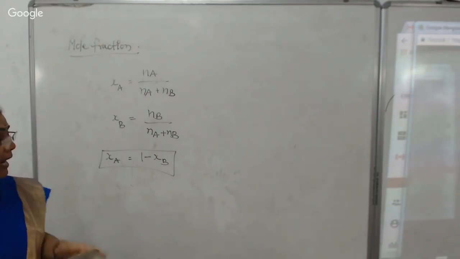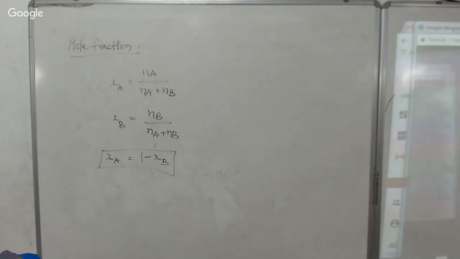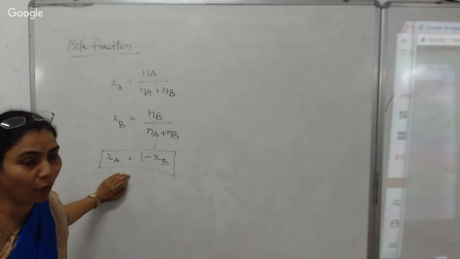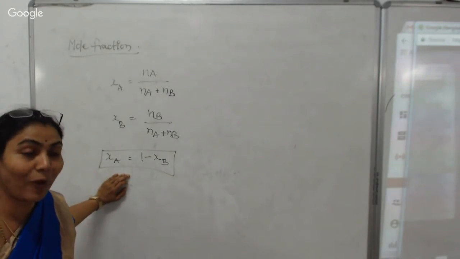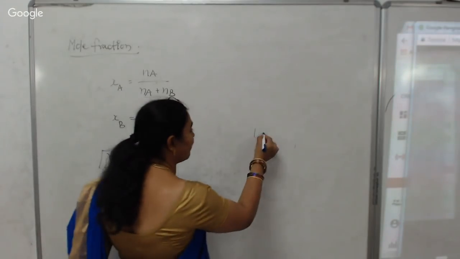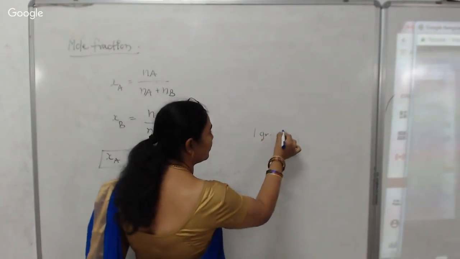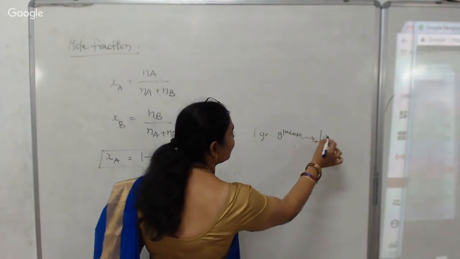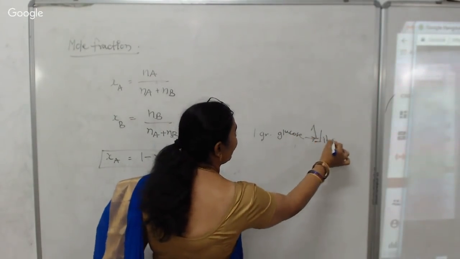Okay, suppose I have taken 1 gram of glucose and dissolved it in 1000 ml, that is 1 liter of water.